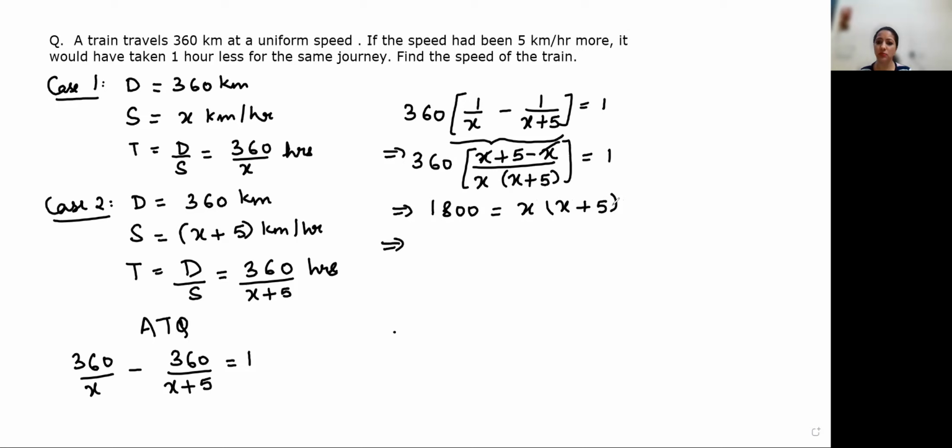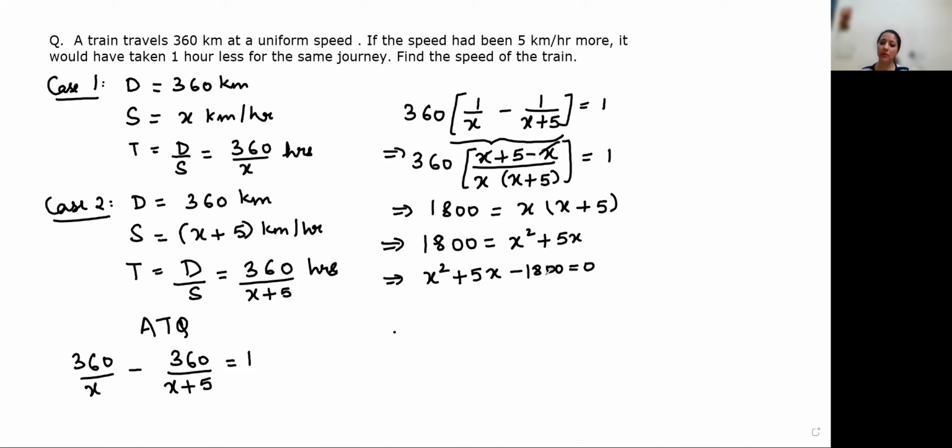Now this x into x plus 5, we are going to solve. 1800 is equal to x square plus 5x. Now this 1800 I will take on the right hand side, and its sign will reverse. So it's positive here. If I take it towards the right, it will become negative. So we have x square plus 5x minus 1800.